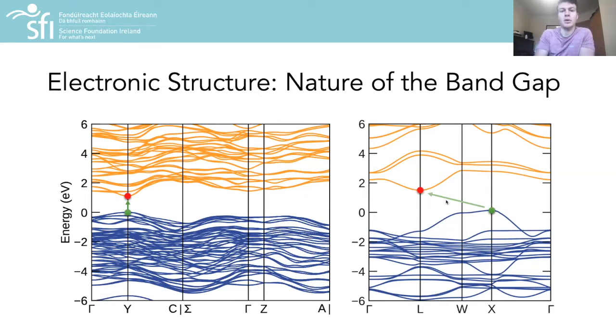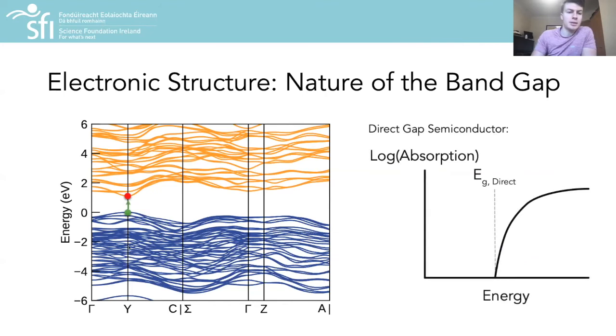So we call this a phonon-assisted transition, which is required to conserve momentum in the material. So beyond the magnitude of the band gap, this is probably the next most important feature in the band structure of a potential photovoltaic absorber, as it has important implications for the absorption behavior.